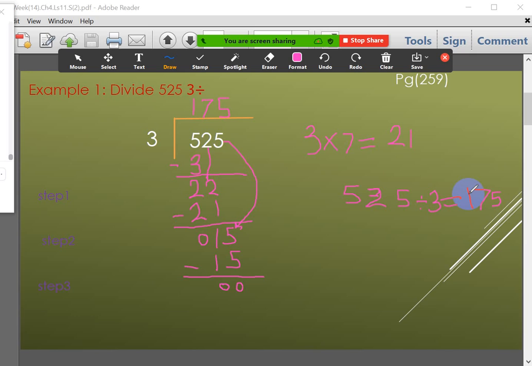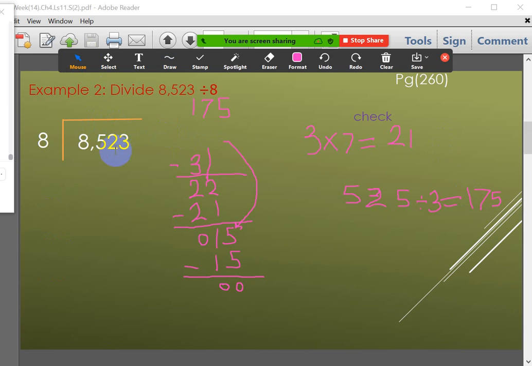Okay, girls, now let's move to the next example on page 260. Now I want to divide 8523 by 8.